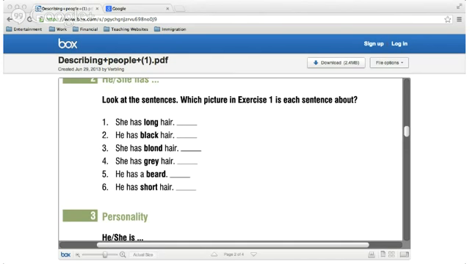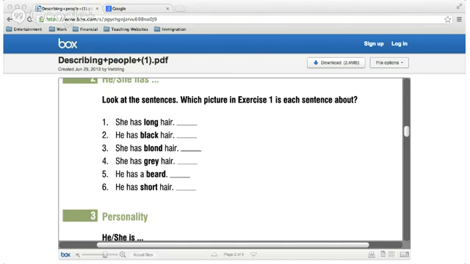Either way would be fine. He's the gray-haired person over there, or he's the person with the gray hair across the room. Either way describes the person, and both are grammatically correct.